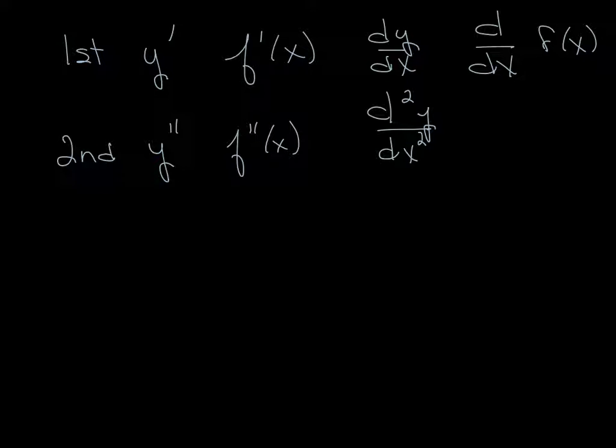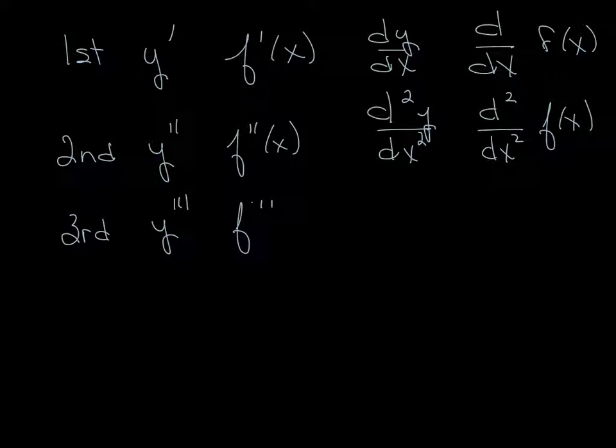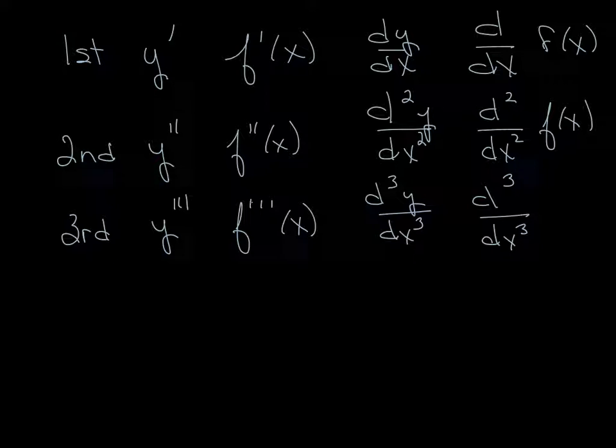That represents the second derivative, or maybe even this way, d raised to the second power dx squared of f of x. That just signifies to you that you want the second derivative. Some functions have a third derivative, and we use 3 marks here. F triple prime designates the third derivative. d3y over dx to the third, or d3 over dx3 f of x.